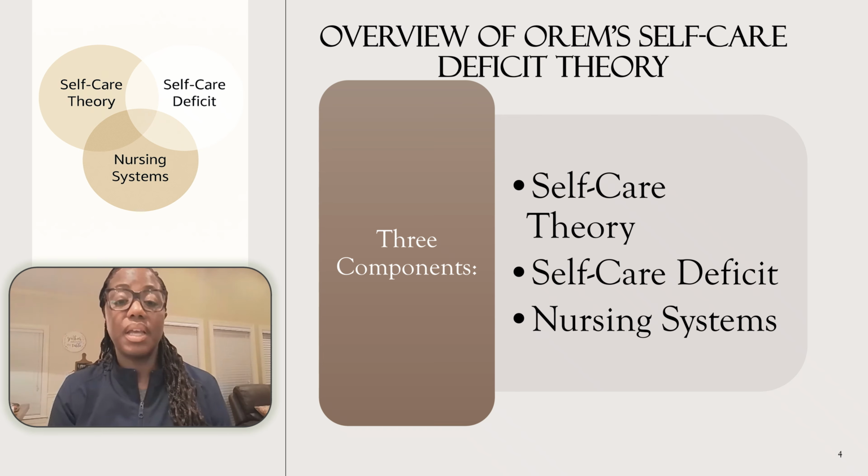Self-care deficit, which occurs when those abilities fall short. And nursing systems, which describe how nurses intervene to help restore or maintain independence. Understanding these three components gives us a structured approach to assess patient needs and plan care effectively.